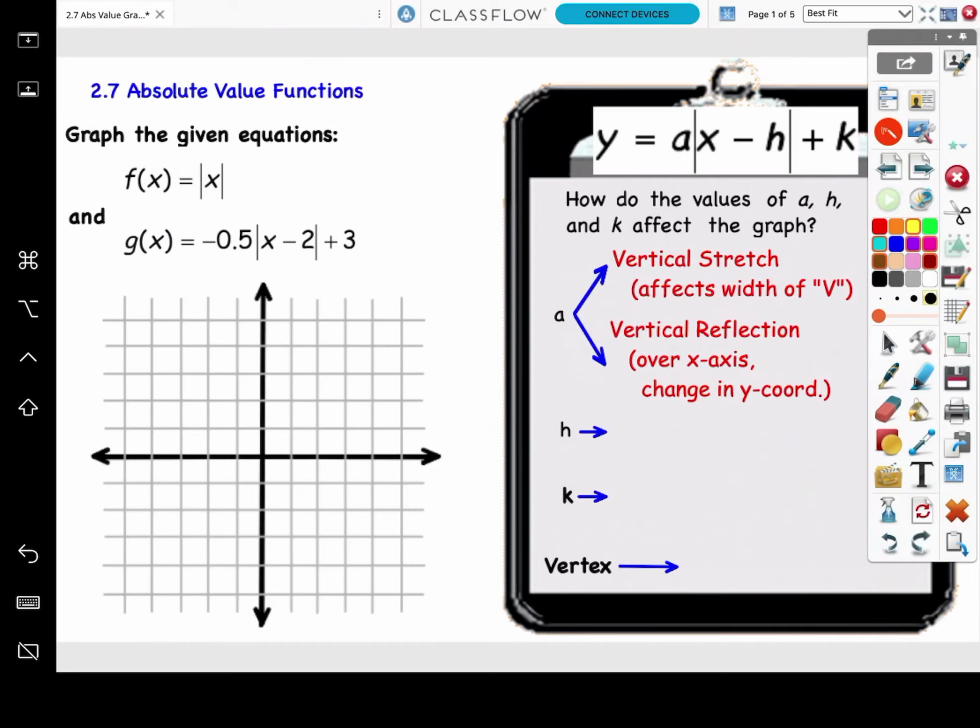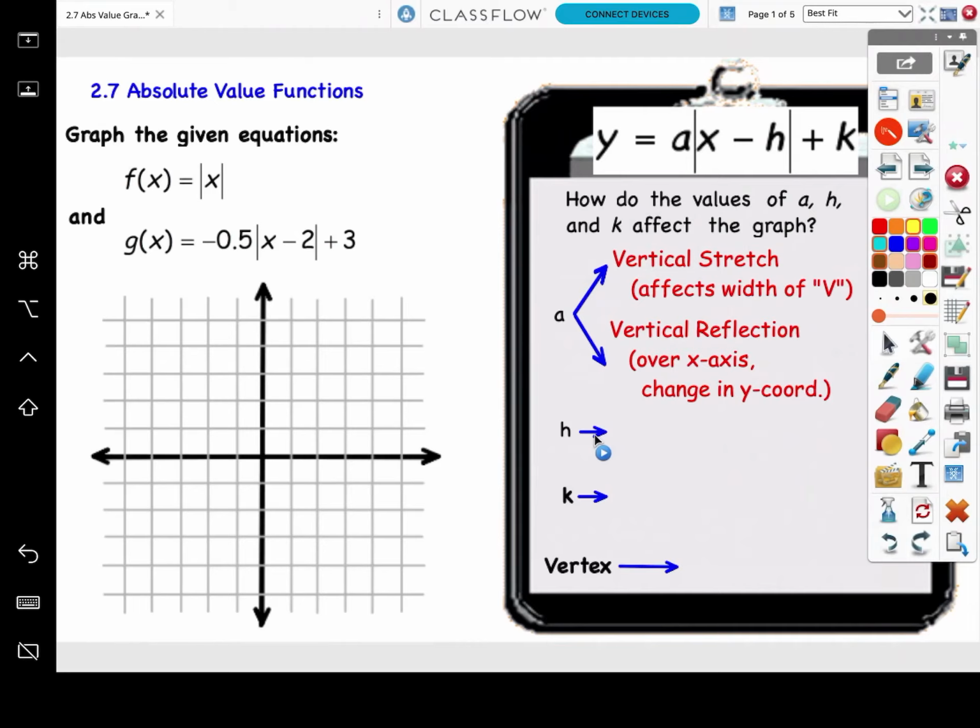If that a were negative, it would be an upside down V instead of an upwards-opening V. So a has some power. It changes the slope of the right-hand side and left-hand side, and also could be a vertical reflection.